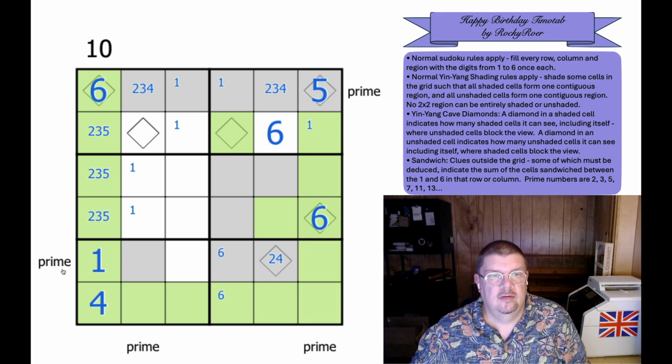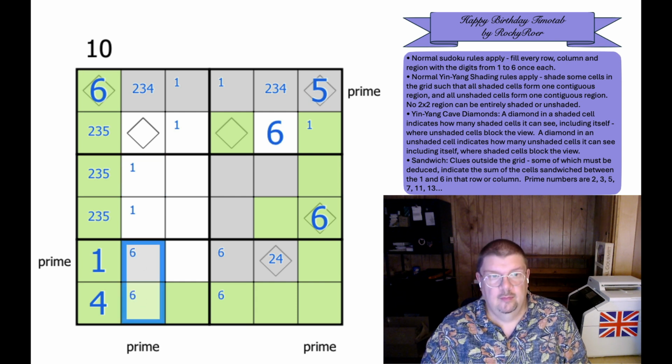Okay, this prime. Hang on a minute before I get to that. This prime, I think. So obviously I can't have a 6 here. If I have a 6 here, then that's 1 and my sandwich is 0.